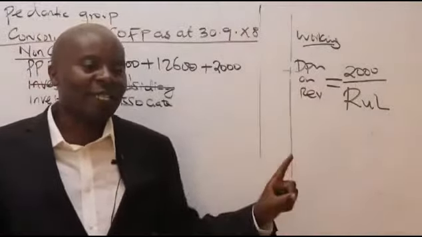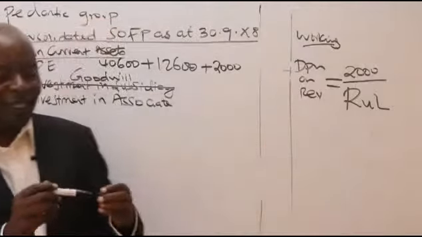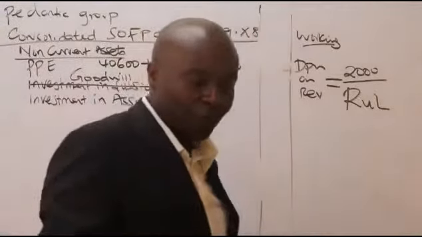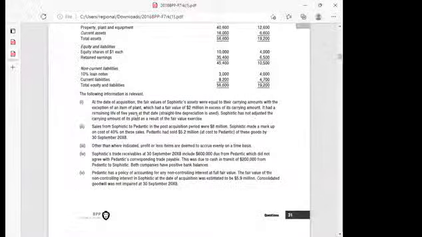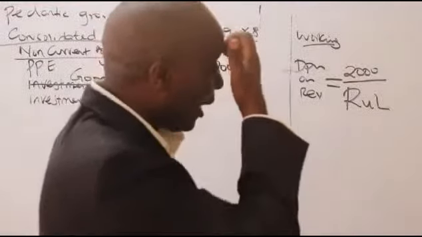RULE stands for remaining useful life. Has the examiner told me the remaining life? Yes, it had a remaining life of 5 years at the date of acquisition. You don't even have to tell me about straight line, I know it's straight line. So I'll apply my remaining useful life, which is 5.